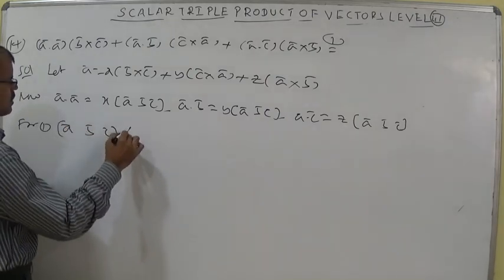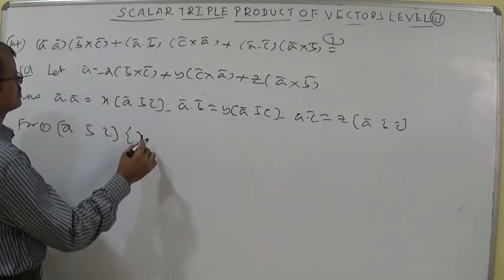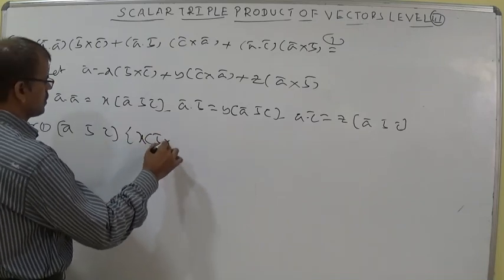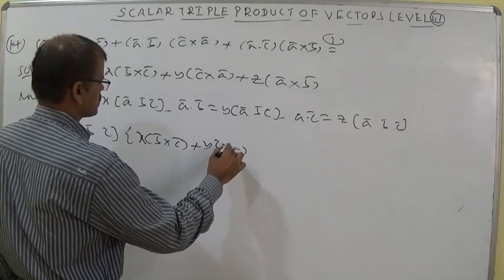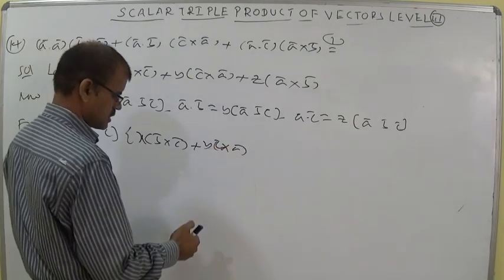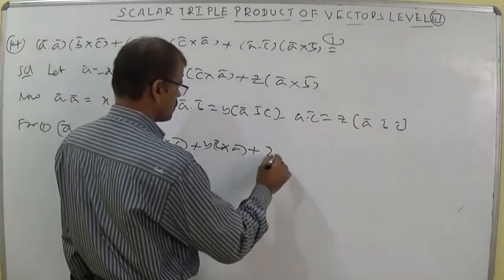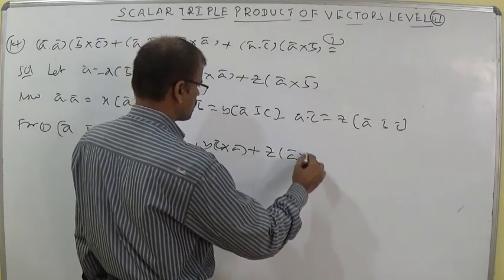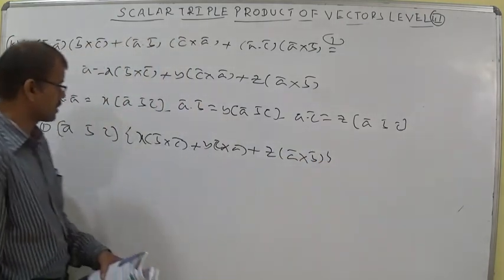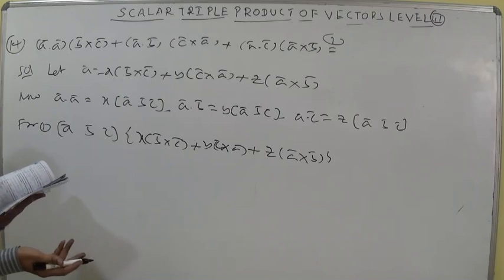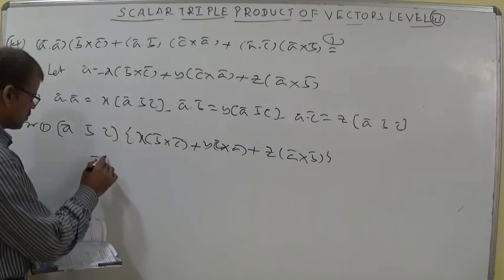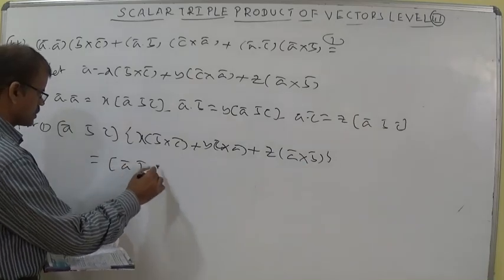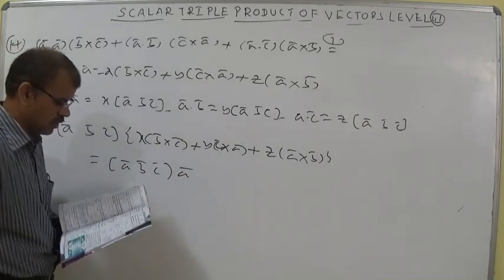Taking box ABC common, you get x into B cross C plus y into C cross A plus z into A cross B. So the vector we thought is the vector we got. So A into box ABC, box ABC into A bar, we got.